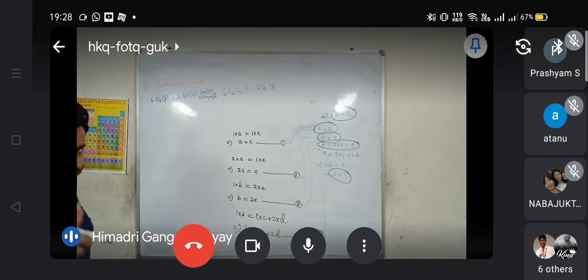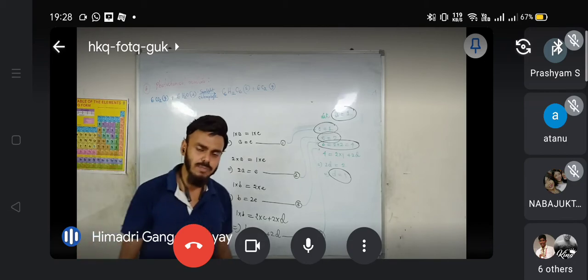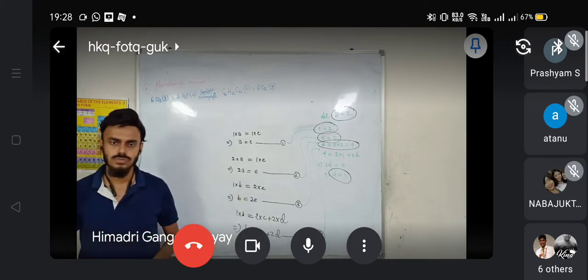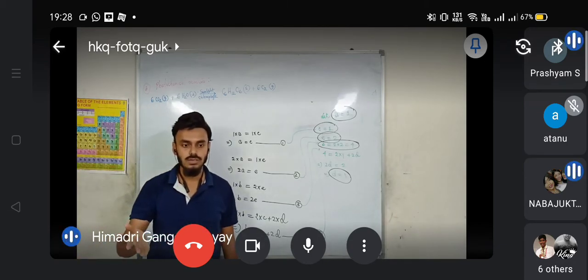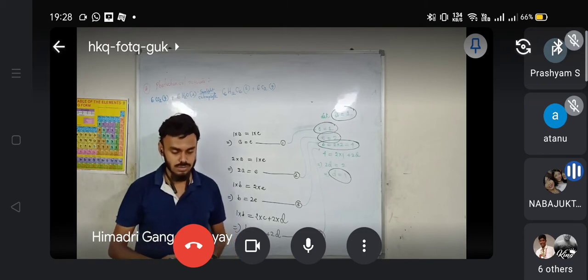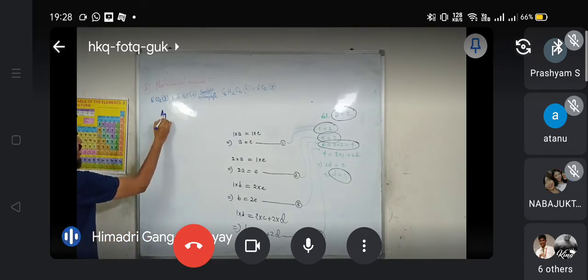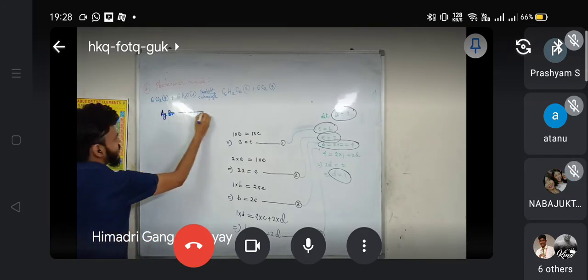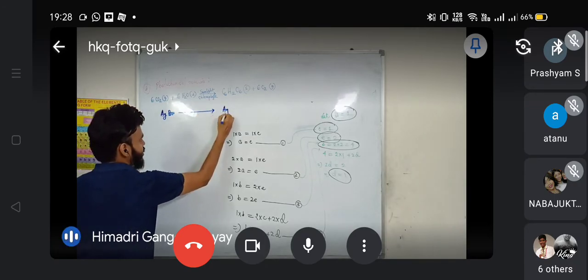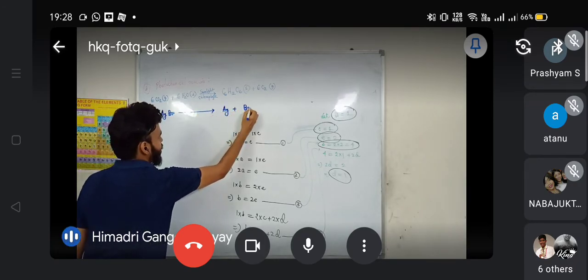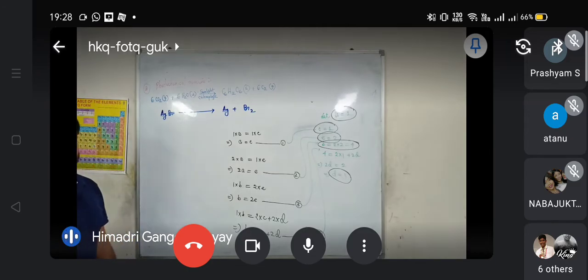Look, can anybody tell me some other example of it? Decomposition reaction of silver bromide. Silver bromide after decomposition will give silver plus bromine.